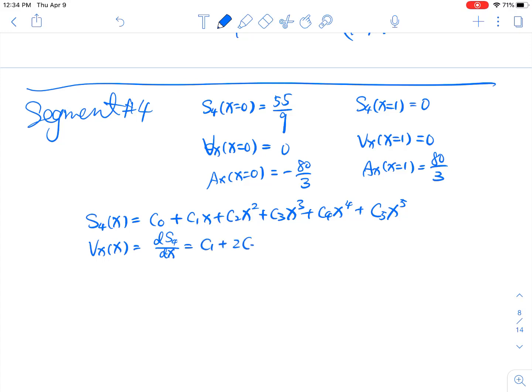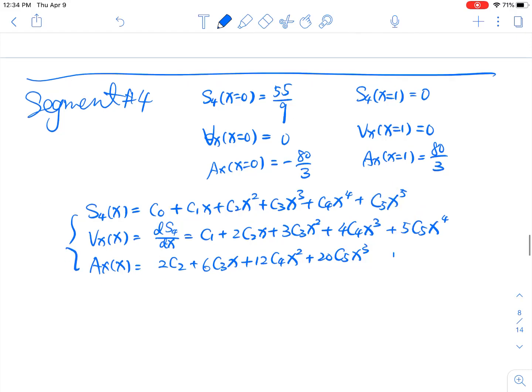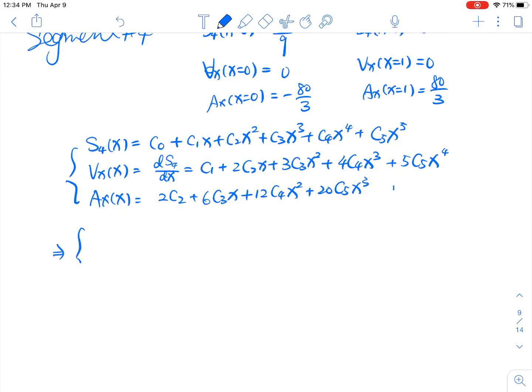That's c1 plus 2c2x plus 3c3x squared plus 4c4 plus 5c5. And the same thing, ax equals 2c2 plus 6c3 plus 12c4 plus 20c5. So that's 3 polynomials. You can plug all these boundary conditions back, and then you can solve for all the coefficients.